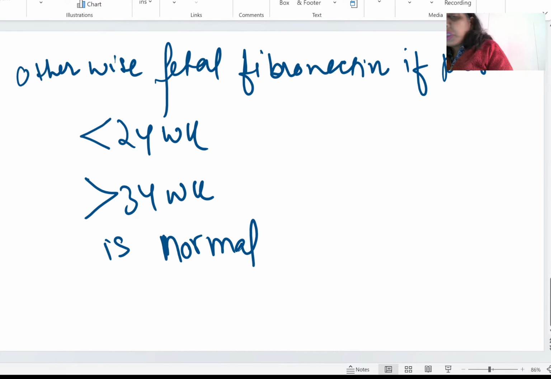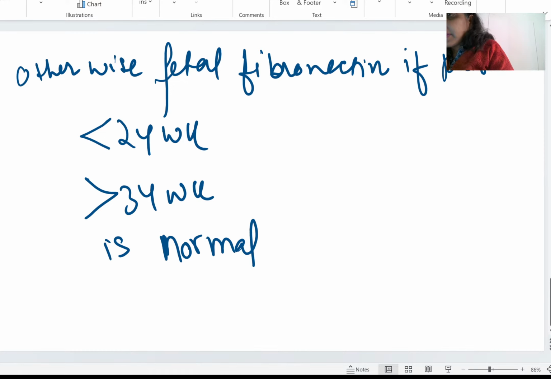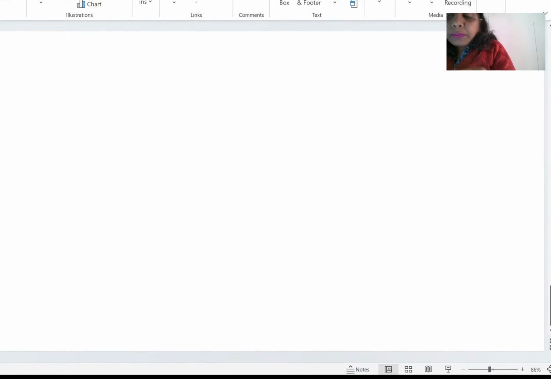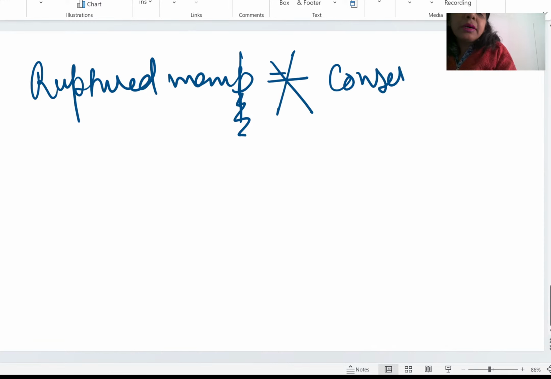Now the answer to question number 46 was ruptured membrane. If ruptured membrane is present, it means we cannot conserve the fetus.